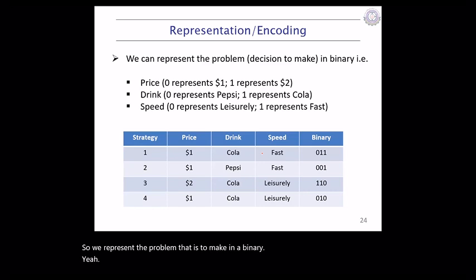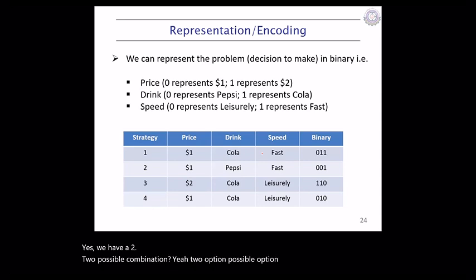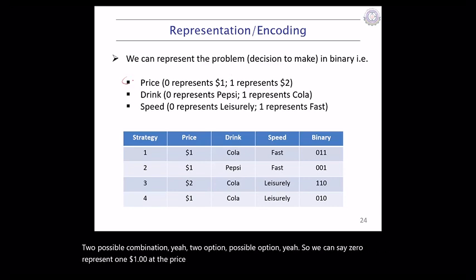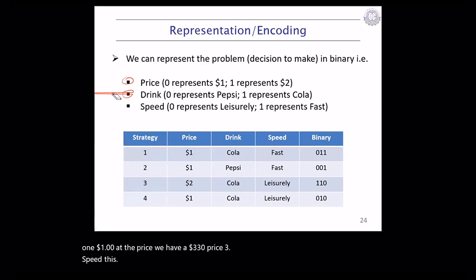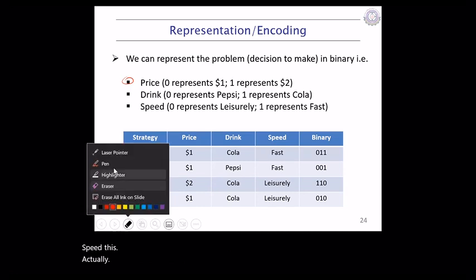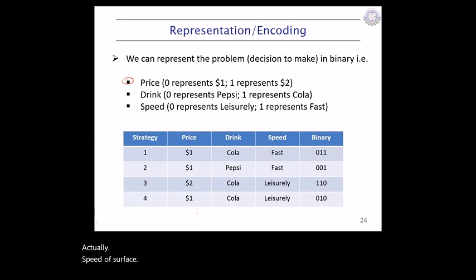For the price, as we have two possible options, we can say 0 represents $1. We have three variables here: price, drink, and speed of service.